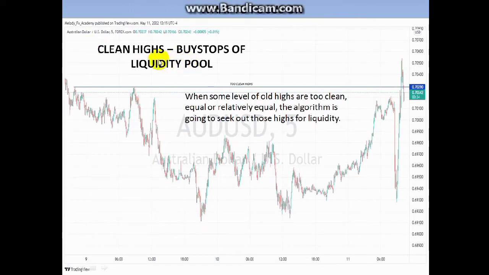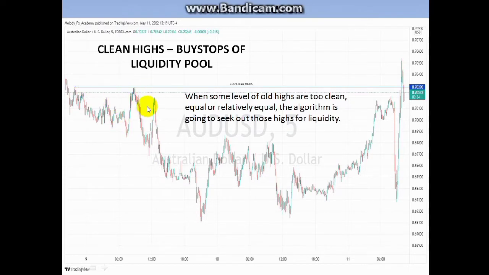This is because buy stops of liquidity are going to be resting above that. Now when some level of old highs are too clean, equal or relatively equal, the algorithm is going to seek out those highs for liquidity. Retail mindset traders are going to see this as a double top or whatever pattern, and they're going to have their stop loss and buy stops above that.